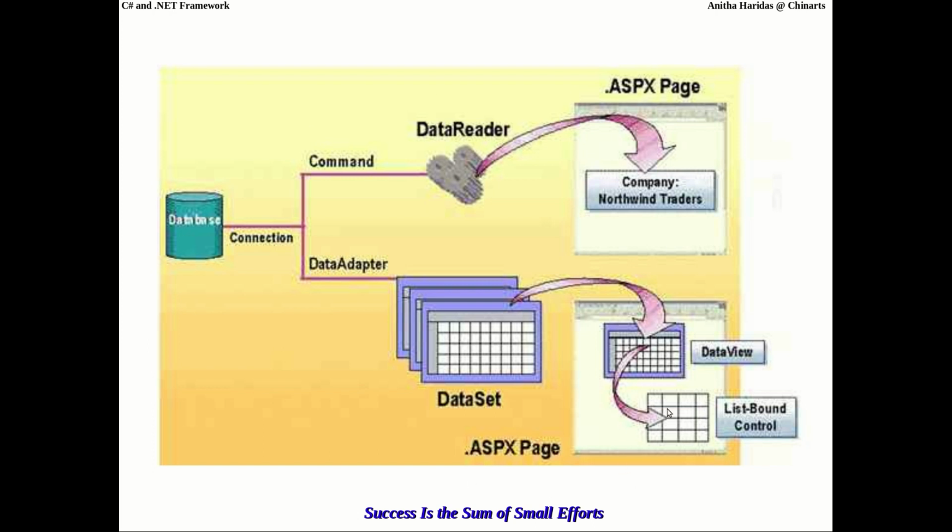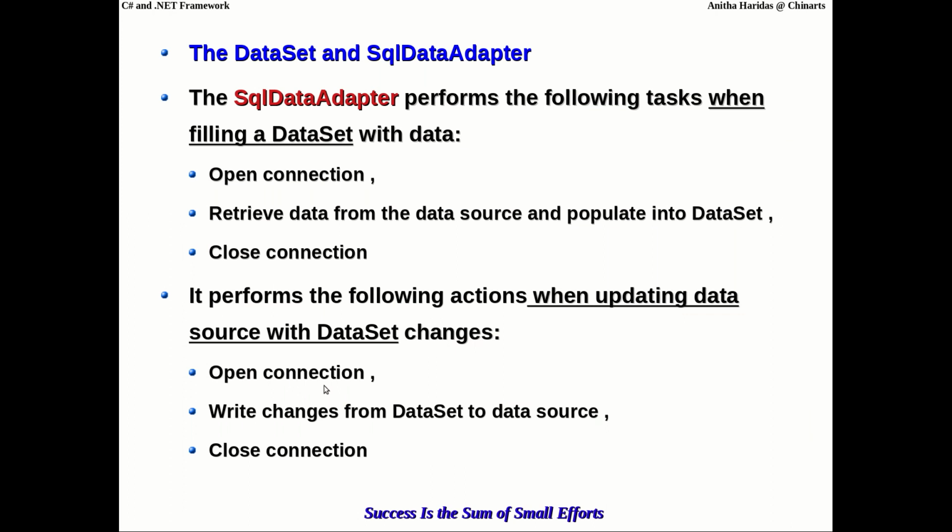So this is a diagram that specifies how a data set requires a data adapter to receive data from the database. Your SQL data adapter is the one that performs the following tasks when filling a data set with the data.